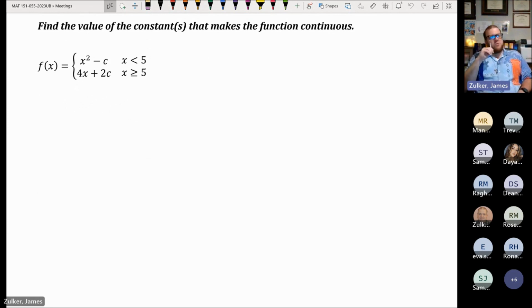So for the next few problems, we want to find the values of the constants that would make the function continuous everywhere.